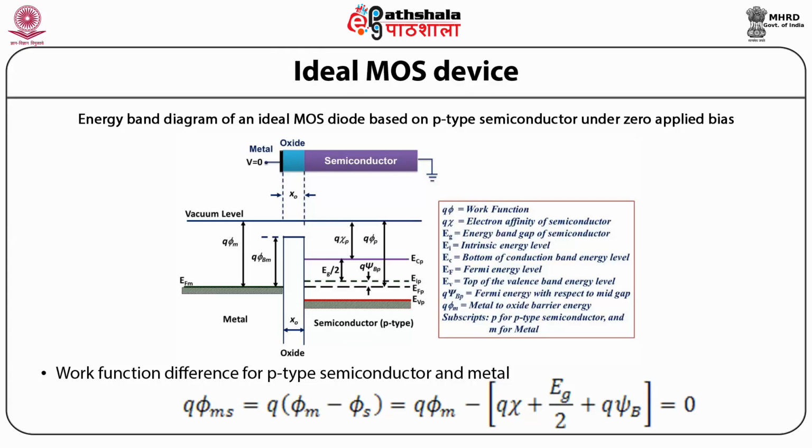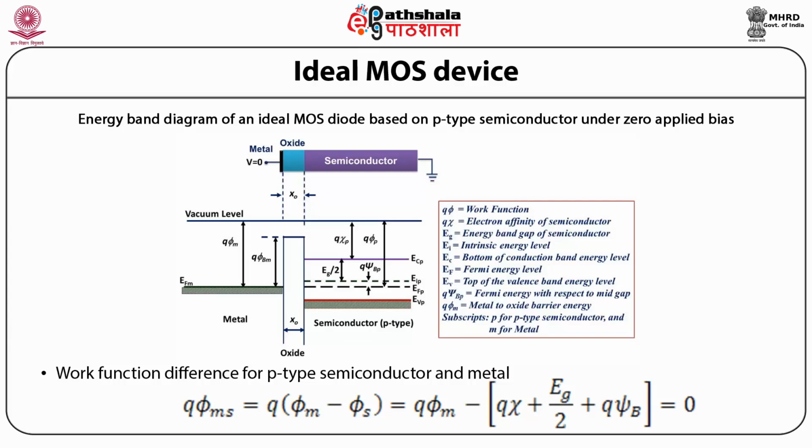Now here qχ corresponds to the semiconductor electron affinity and qψBp is equal to Ei minus EF. Ei corresponds to the intrinsic Fermi level and EF corresponds to the Fermi level. So the energy band is flat when V is equal to 0. This is known as the flat band condition when no bias is applied.